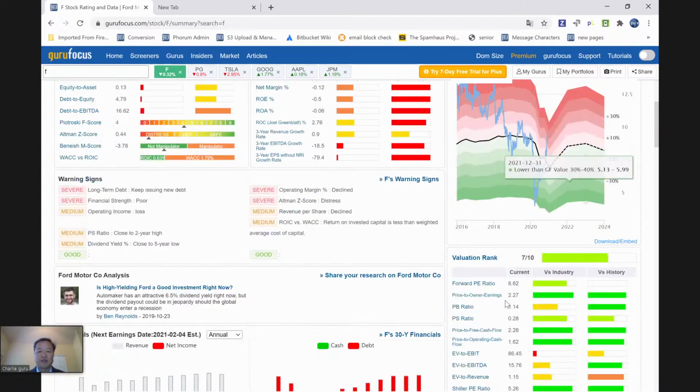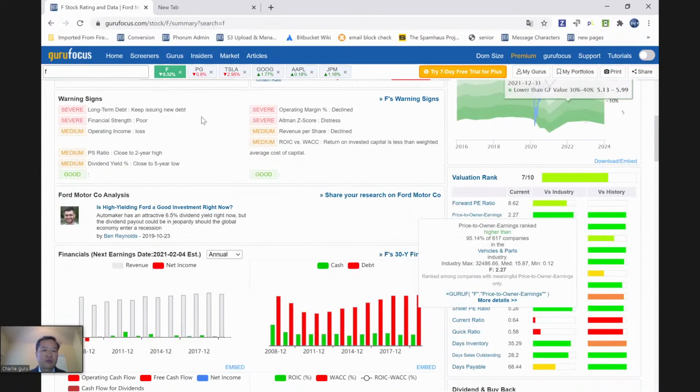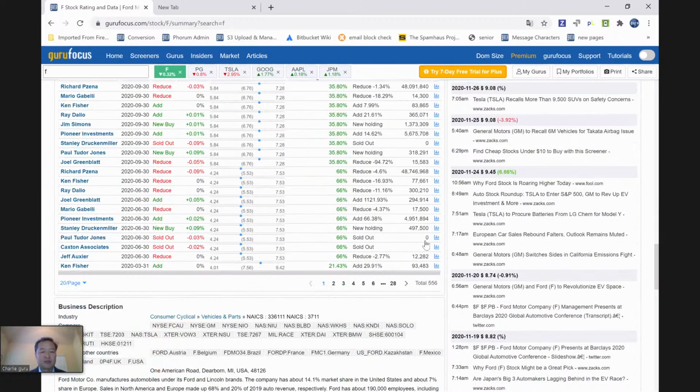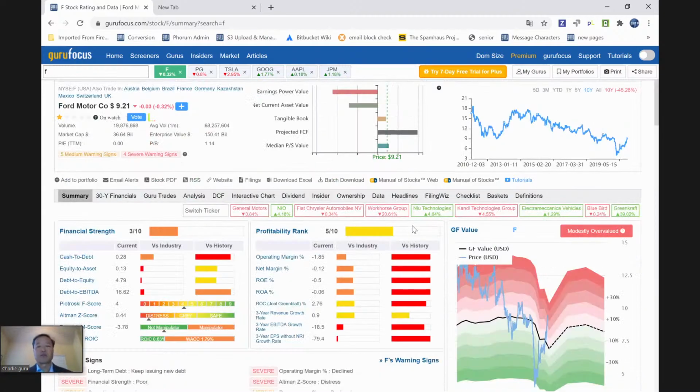And this part is, of course, the Guru Trades and Insider Trades overview, and we have the news here. So for this summary page, please get familiar with the features we have there, and it can be quite helpful.